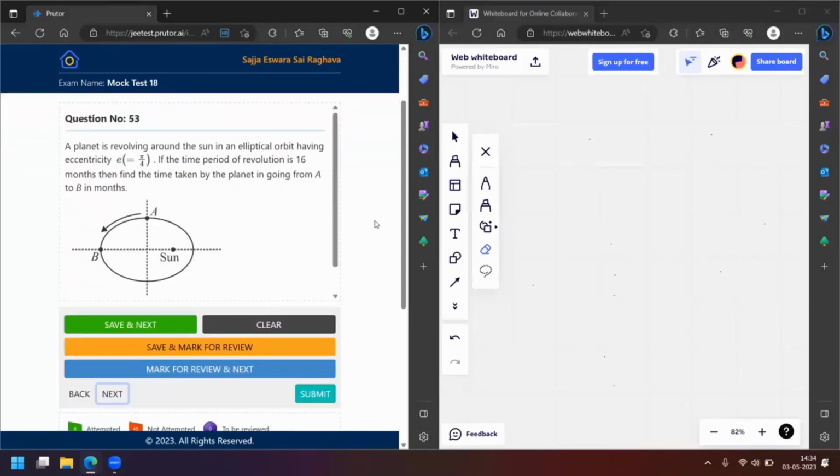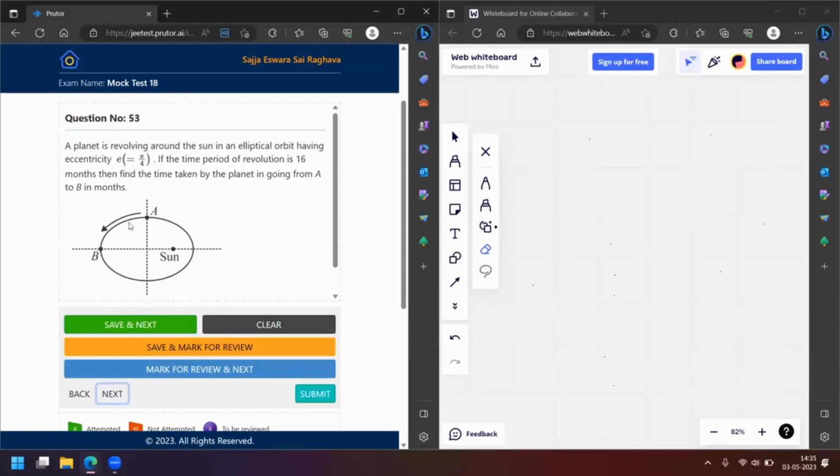So we have a planet revolving around the sun in an orbit having eccentricity e, and the time period of revolution is 16.5 months. So we know that a planet sweeps equal area in equal time with respect to the focus. First, the overall area of an ellipse is pi AB.